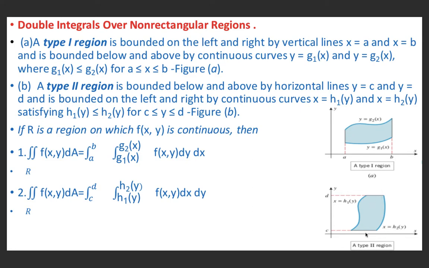This region is called the type 2 region. It is bounded above by the horizontal line y equal to d, and below by the line y equal to c.